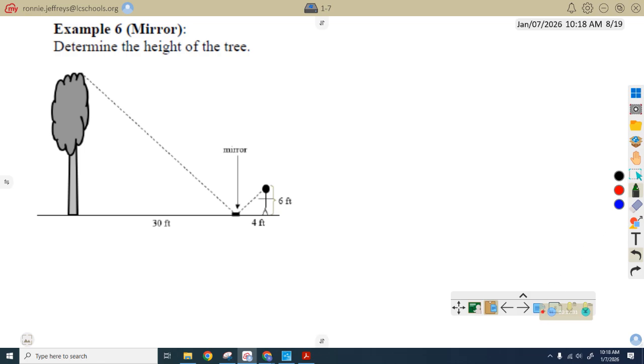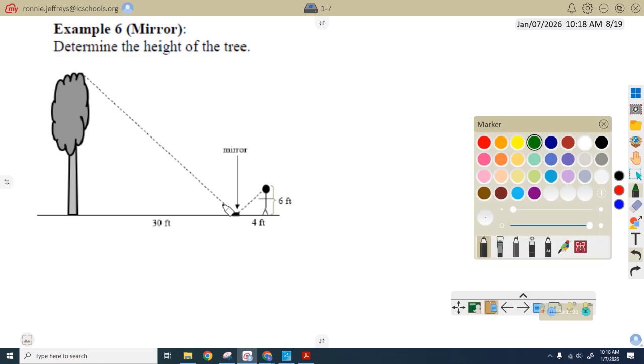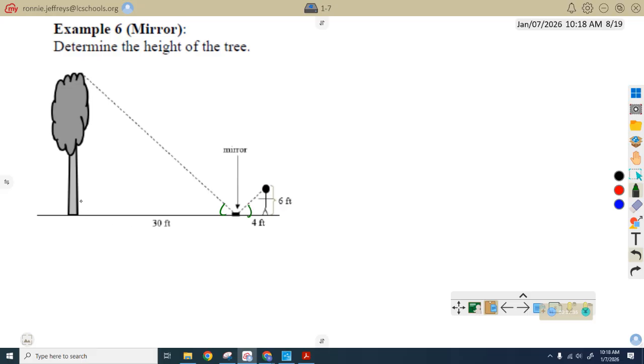And the last one, this one's using a mirror. So these two, and so we can actually do this by angle, angle triangle similarity. Now to set it up, looks like the 4 feet goes over the 3 feet, or 30 feet. Then the 6 foot goes over the x. So this would be 4x.